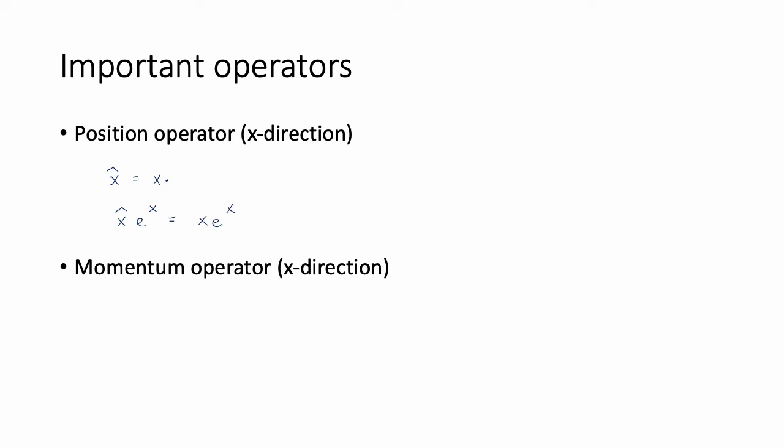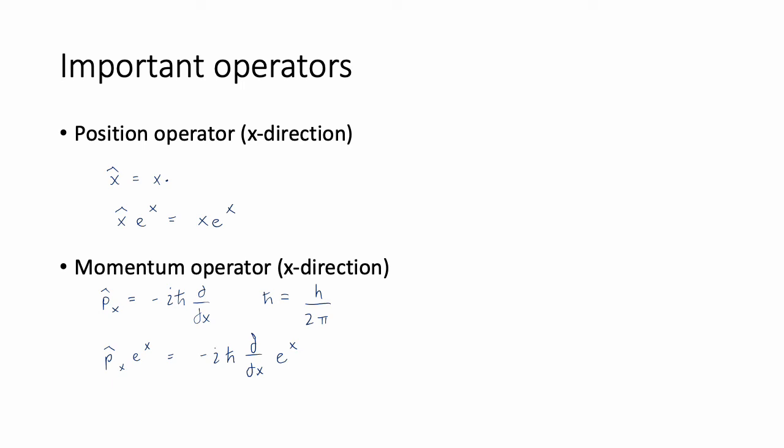The momentum operator in the x direction consists of taking the partial derivative of the function with respect to x and multiplying the function by the complex number i, negative 1, and h bar, where h bar is Planck's constant over 2 pi. So if I were to apply this to e to the x, that would be this expression right here.